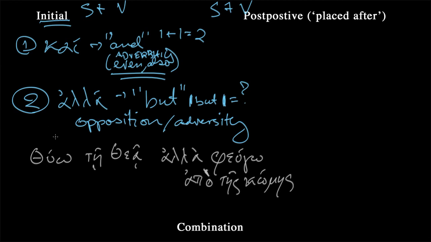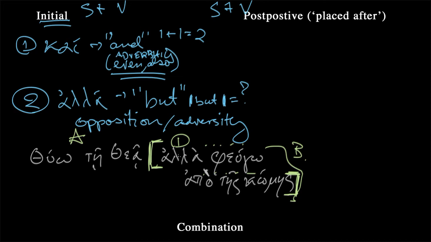So on the one hand, I'm sacrificing to the goddess, so this is our unit A, but I am also fleeing from the village. That's our unit B. In this case, we can think of unit B really starting with alla and running through komes.